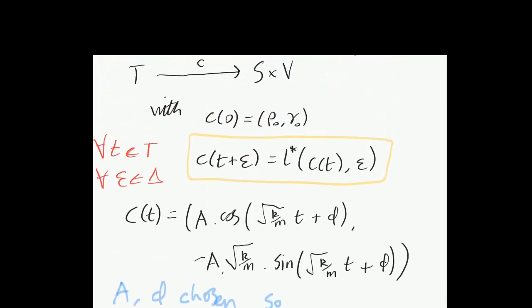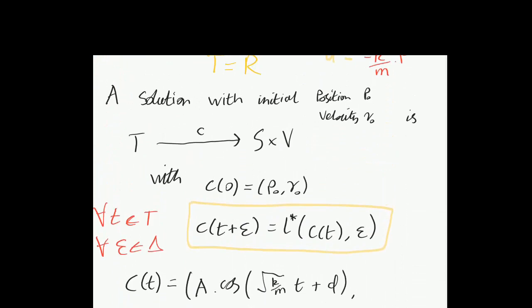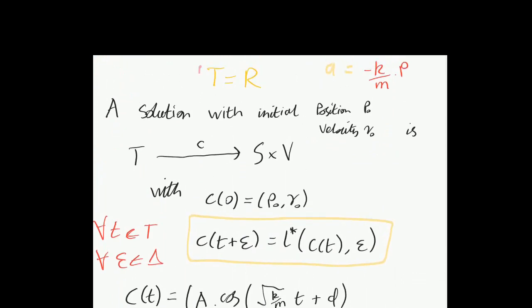So now we just need the idea of a solution or a flow line, and basically we can think of time as R, our smooth line again, and a solution. Let's say we're interested in a solution where the initial position of our particle is p0 and the initial velocity is v0. Well, a solution then is going to be a map from our timeline t to our configuration space S times V, and we want it to send 0 to (p0, v0). So this is saying that the initial displacement and velocity are properly set.